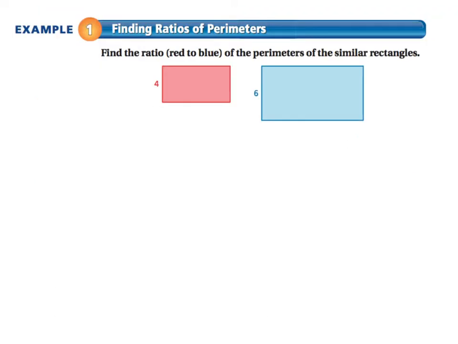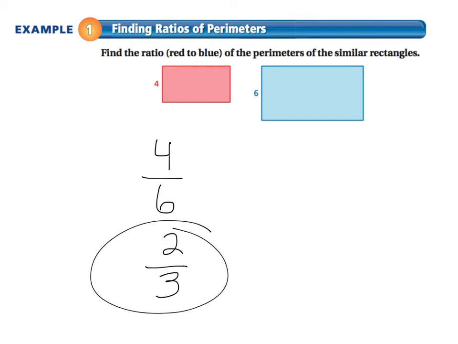So we're going to start off with number 1. Find the ratio of red to blue of the perimeter of the similar rectangles. Well, red to blue is 4/6. 4/6 simplifies into 2/3. That means the ratio of the perimeters will be 2/3. Now, if I went one step further and I said, well, find the perimeter. Let's say the perimeter here was 28.